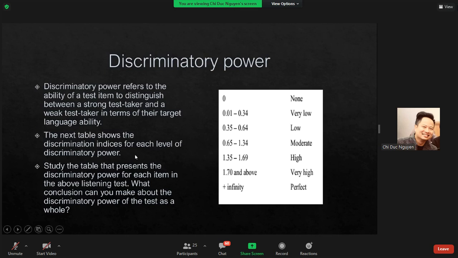So now I am going to show you the result from the Rasch model about the discriminative indices. And from that, can you please tell me whether the test items in the above listening test are able to discriminate the students into different levels and even the smaller groups in each level?